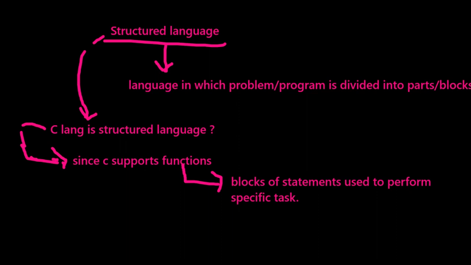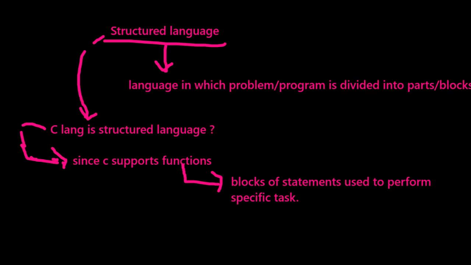Since C supports functions, since there is a concept in C language called functions, it is called a structured language, because functions make the C programs well structured. By using functions we can divide larger programs into blocks or into functions. That's why it is called a structured language.